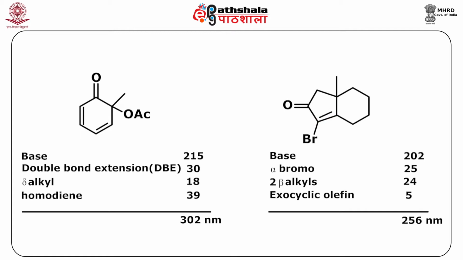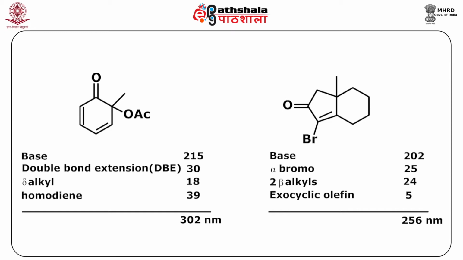This exocyclic double bond is basically the double bond in the alpha beta unsaturated system which is adjacent to the cyclohexane system. That is, the cyclic 6-membered ring system has a double bond exactly adjacent to it. Therefore, we add on the value of the exocyclic olefinic system. So, the lambda max of 256 nanometers is recorded for this given example.